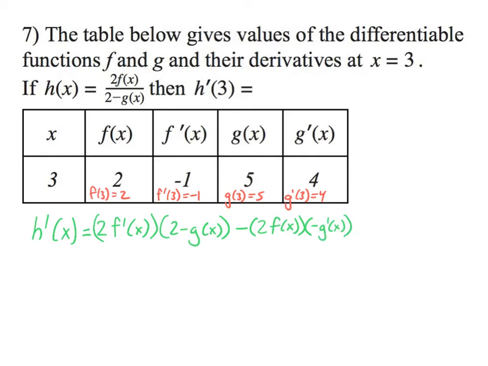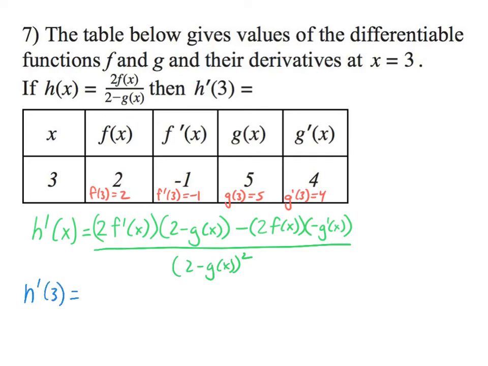So, again, the derivative of this is 0 minus g prime of x. And then don't forget, which is very common, people forget to divide by the denominator squared.